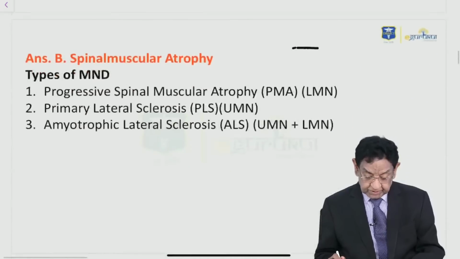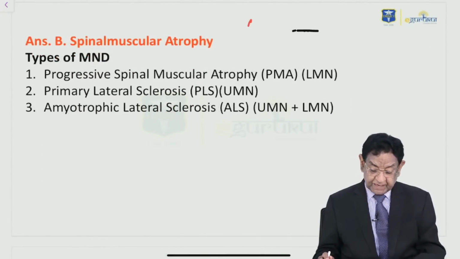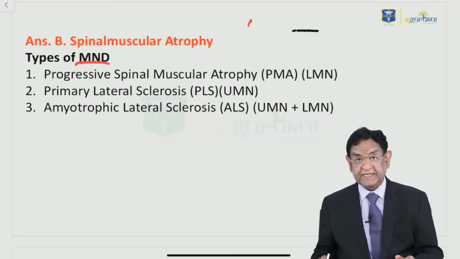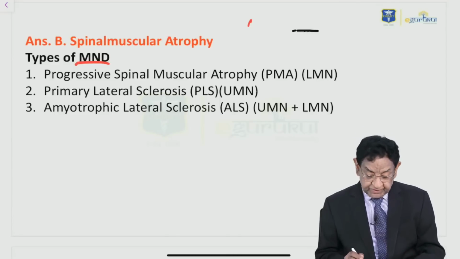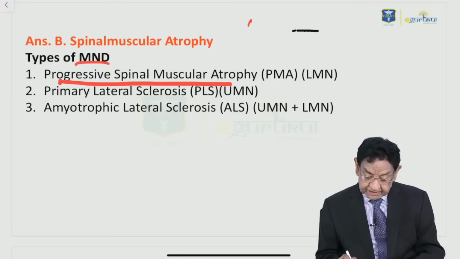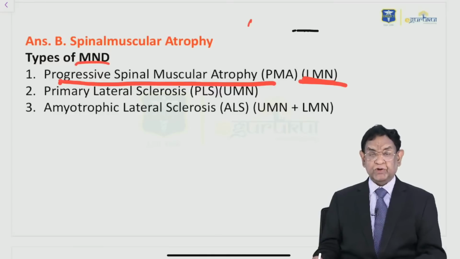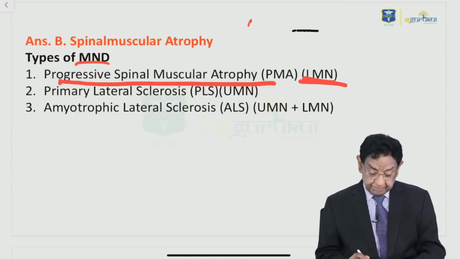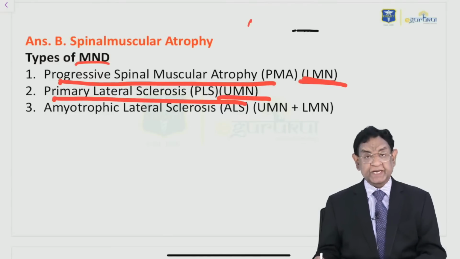So let's talk about it. We all know very well that spinal muscle atrophy is a type of motor neuron disease, a variant of MND, motor neuron disease. We call it progressive spinal muscle atrophy, where only lower motor neuron lesion is there. Primary lateral sclerosis, where only upper motor neuron lesions are there.